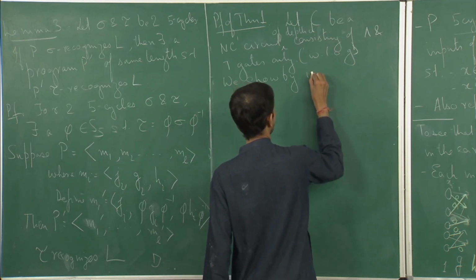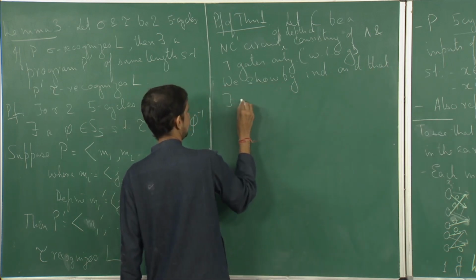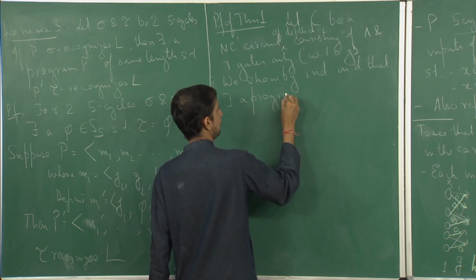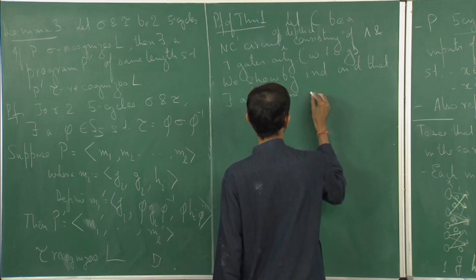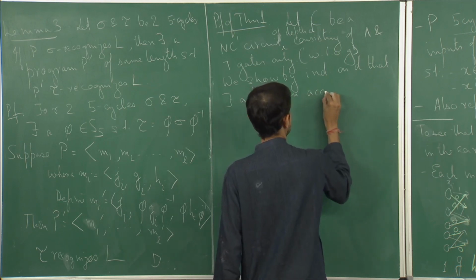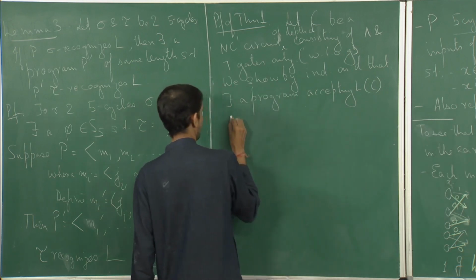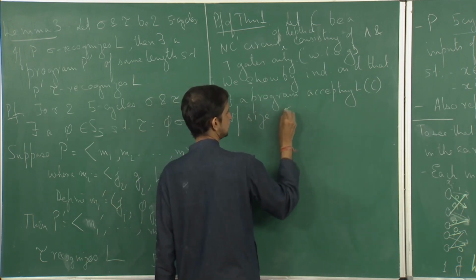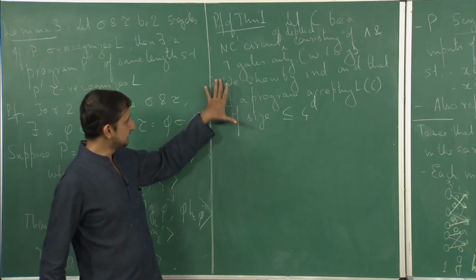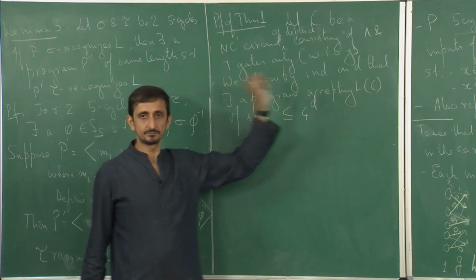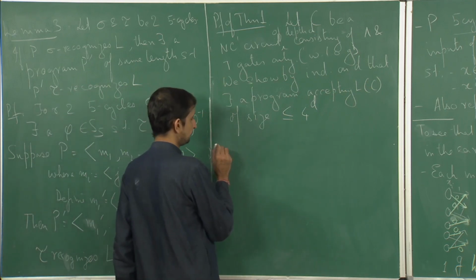We show by induction on D that there exists a program accepting the language of C of size at most 4 to the power D. Okay, so we will prove this statement by induction on D. The induction is where we will use this. So, let us see how the induction goes.